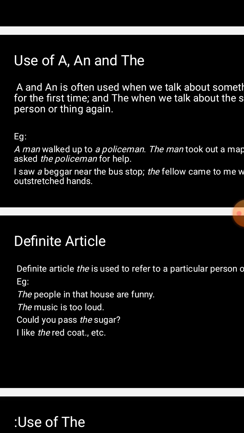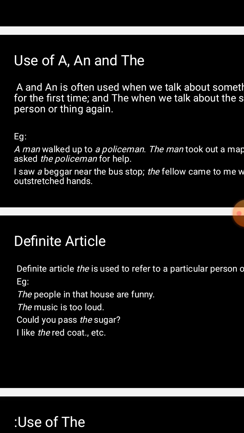But when you refer to the same beggar in the next part of the sentence, then you say the beggar, because you are sure which one? The same beggar who was near the bus stop. Is it clear? So first time you say, I saw a beggar. But when you are referring to the same beggar, then you say, the beggar came to me with outstretched hands.